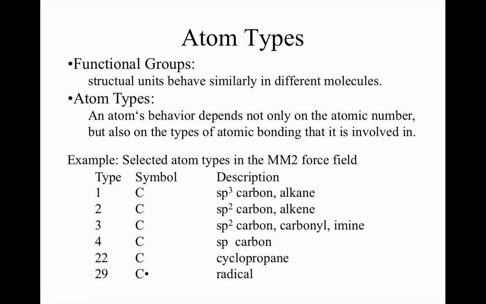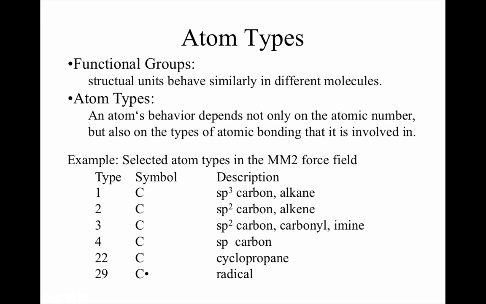In order to find out what the stretching energy in a given molecule is, we need to know the value of the stretch constant, or the force constant, between a specific bonded atom pair. So if we think about it, then it means that we really need to determine a lot of parameters if we are to be able to describe all possible molecules in the world.